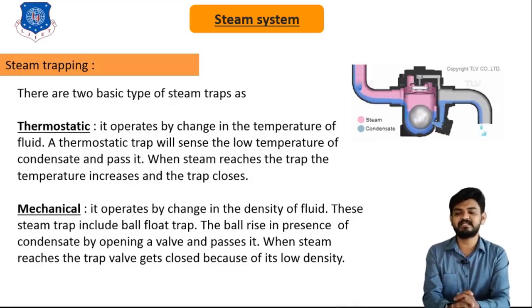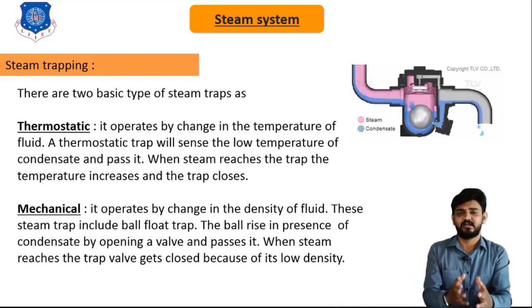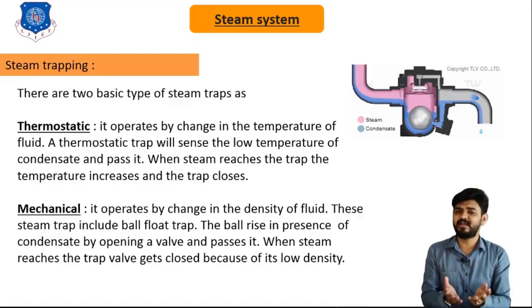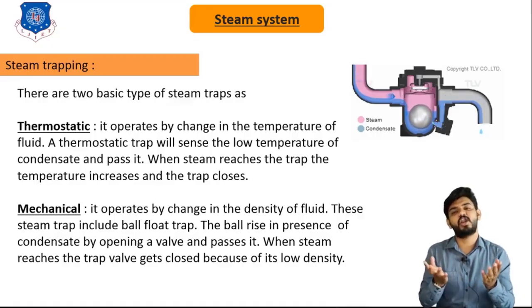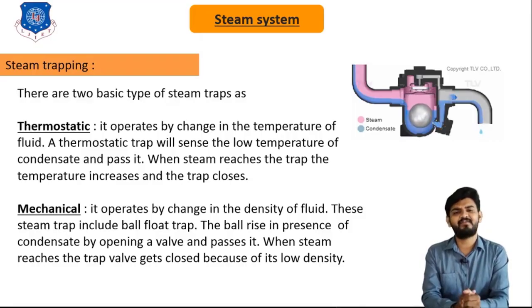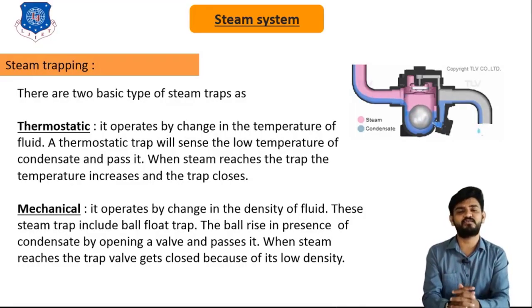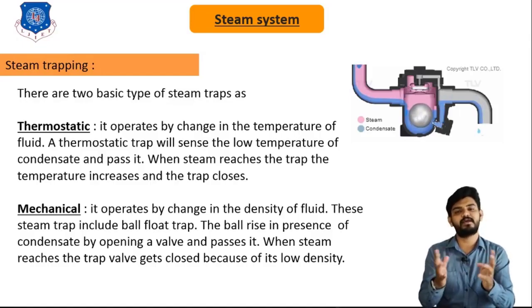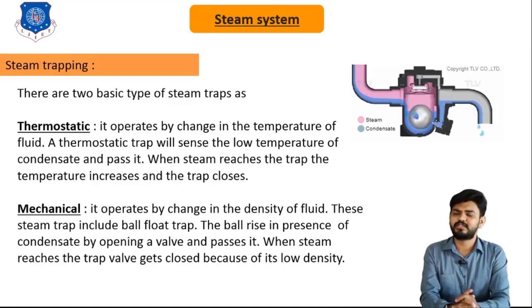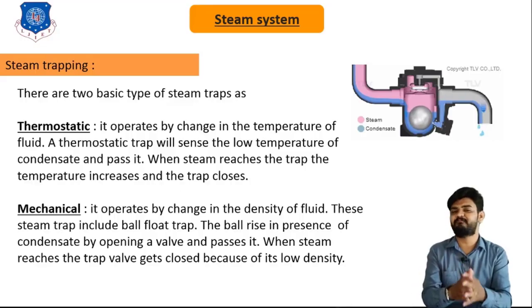When steam reaches the trap, the valve gets closed because of its low density. So when condensate reaches the ball, it will lift it up and the condensate is allowed to escape. And when steam reaches the ball, it senses the low density of steam and does not allow the steam to escape. So this is how a typical steam trap works.